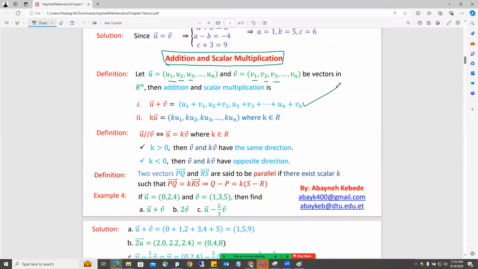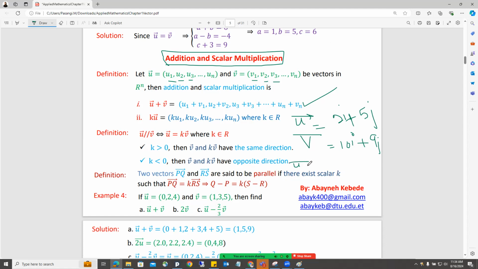That's what they have mentioned here. So for example, if I show you vector u, that is 2i plus 5j. Then vector v, we have 10i plus 9j.